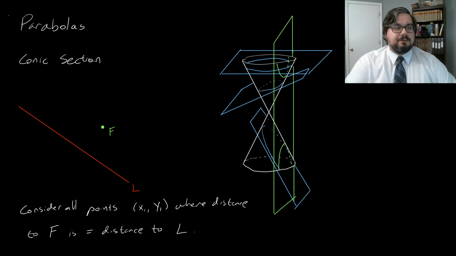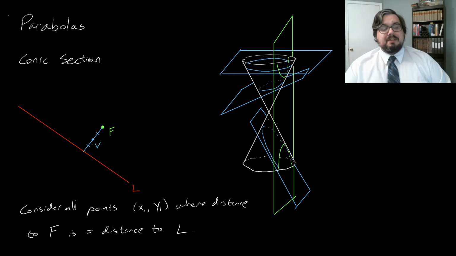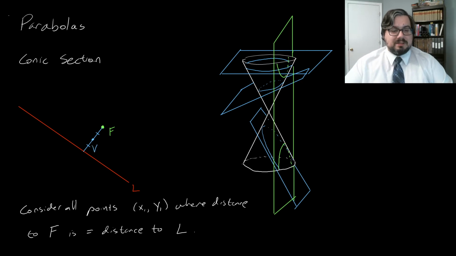Now, if we do that, then we can get some points out of that. So for instance, there's a point exactly halfway between F and L, where the distance to F and the distance to L are equal, and this shortest segment goes in a straight line, and we give that point the label V. This is going to be the vertex.